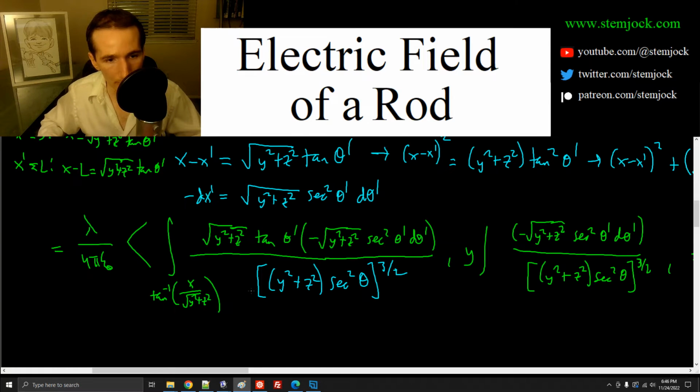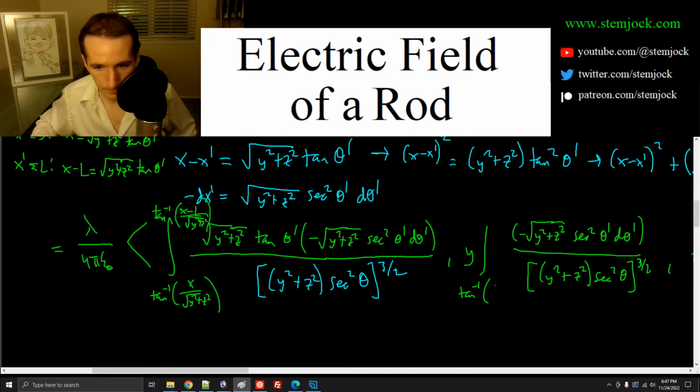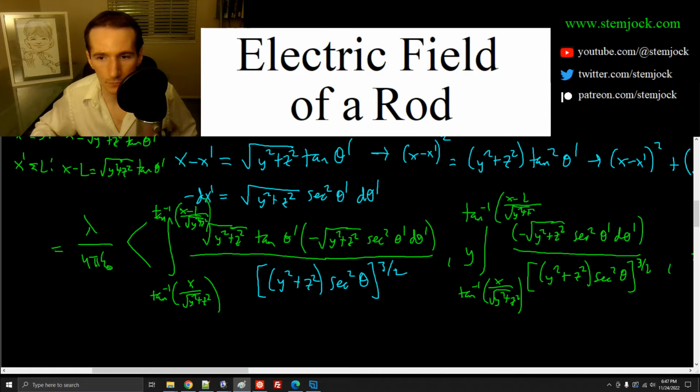So in the upper limit of integration, I'm going to have inverse tangent x minus L over square root y squared plus z squared. And I'm just going to repeat these limits here, and on top I have inverse tangent x minus L over square root y squared plus z squared.